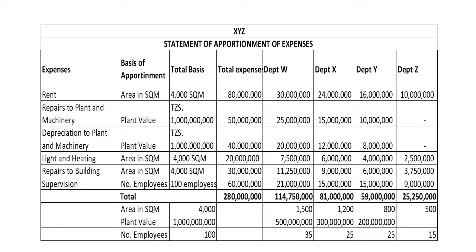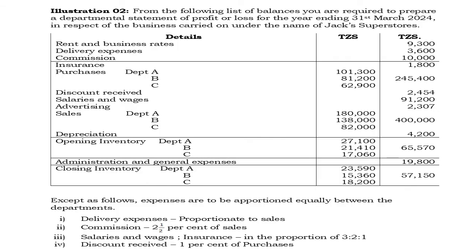And let us discuss the final one. Assume that from the following list of balances, you are required to prepare a departmental statement of profit or loss for the year ending 31st March 2024, for the business carried on under the name of Jackie's Superstore.